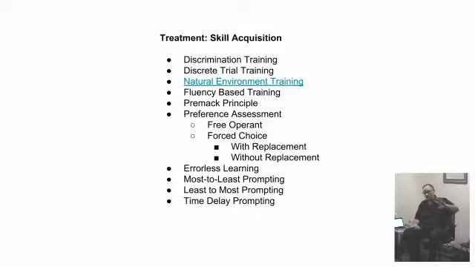However, we have used the naturalistic approach when we have kids who are very difficult to motivate. We have kids who have very severe negative responses or aggressive responses to therapy. When we have parents who are really excited about natural environment training. So we do use it, and it's also not a bad way to generalize skills to the real world.